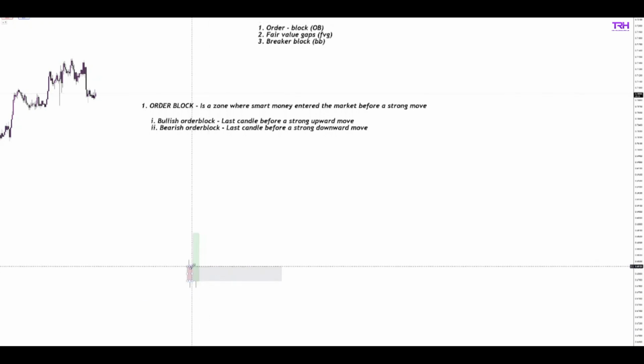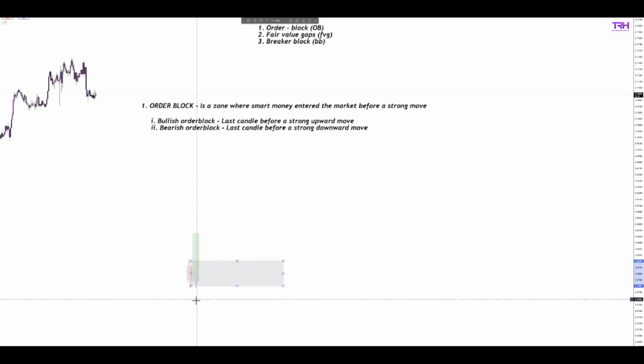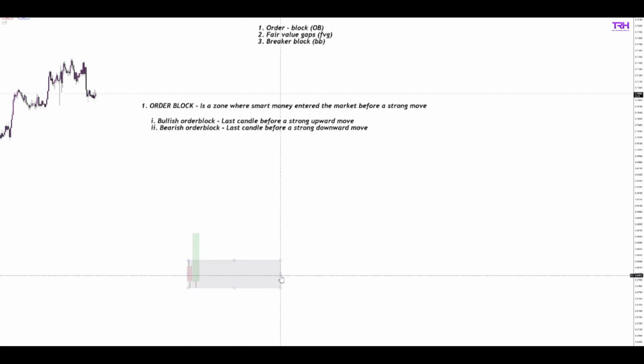So this is the order block. You kind of mark it with the wick above, because sometimes you mark only the body. Price tends to react off from the wick. So this becomes a bullish order block.